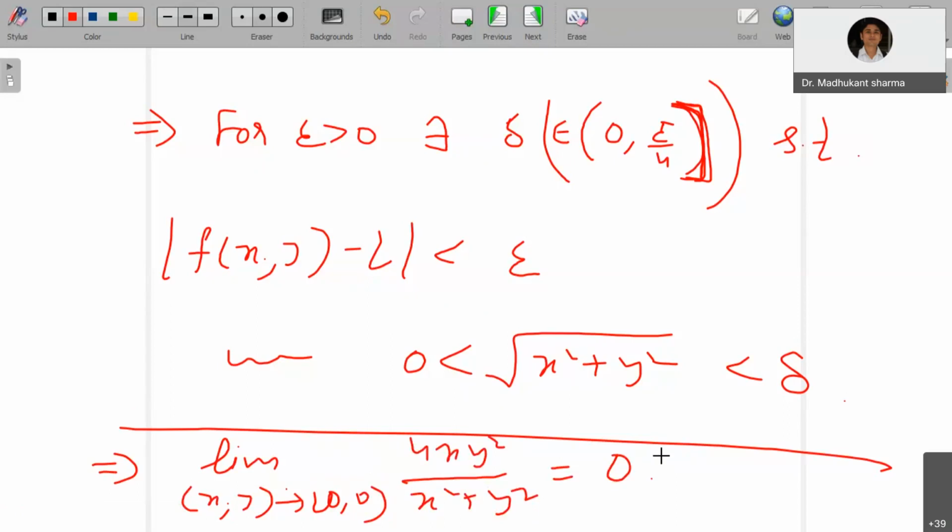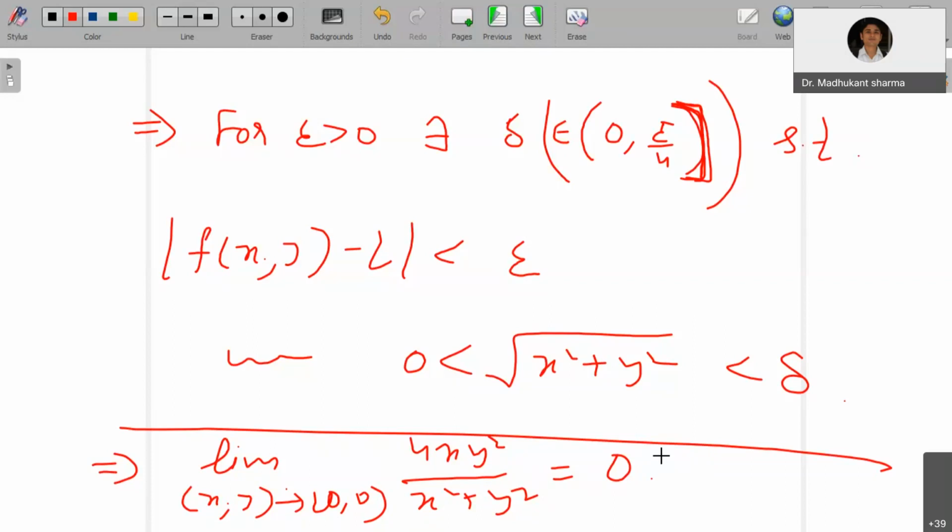Now, next we can look at another concept, like continuity of a function of two variables.